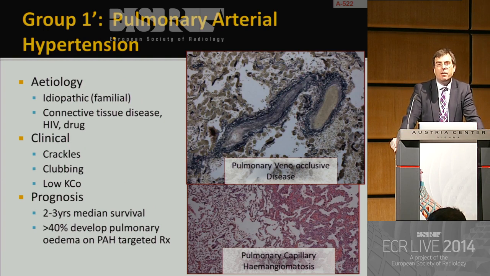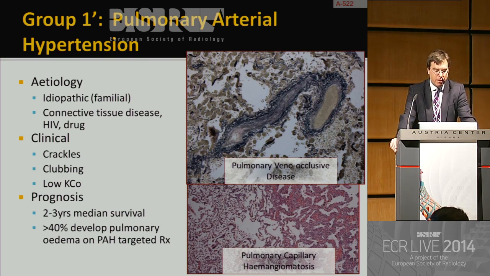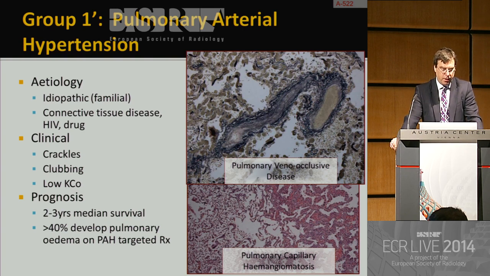Both are generally considered to be idiopathic, but other secondary causes have been identified as outlined there. They tend to present fairly non-specifically, often with a slightly more accelerated decline than patients with idiopathic pulmonary arterial hypertension, and worsened gas transfer in comparison to those with idiopathic pulmonary arterial hypertension.